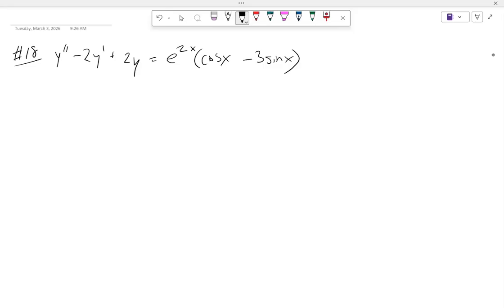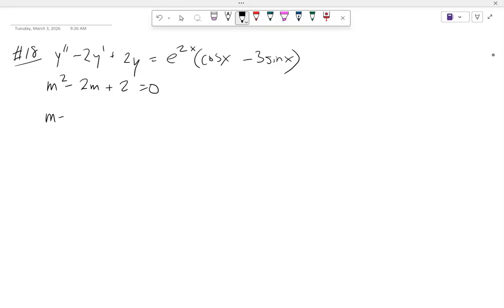So in order to solve the associated homogeneous equation, what do we write down first? Yeah, our characteristic equation, which in this case will be m squared minus 2m plus 2 equals 0. Does that factor? No, it doesn't factor, so we have to use the quadratic formula.